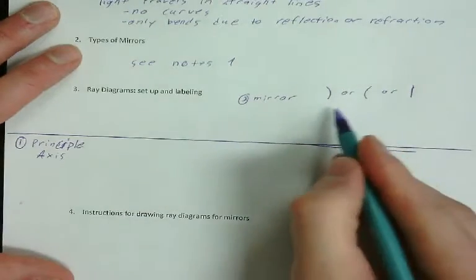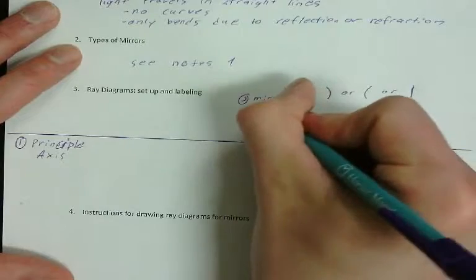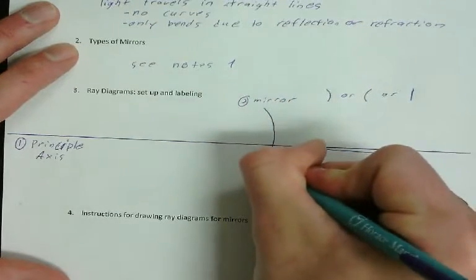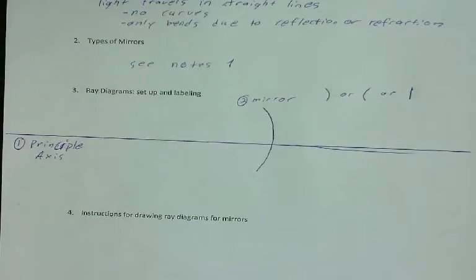We're almost always going to do one of these two. So let's go ahead and just draw a concave mirror. It does not matter how big you draw it or how curvy you draw it. Just draw it. Does it matter where it is on the line? No. However, it's usually a good idea to put it in the middle or slightly offset to the right.